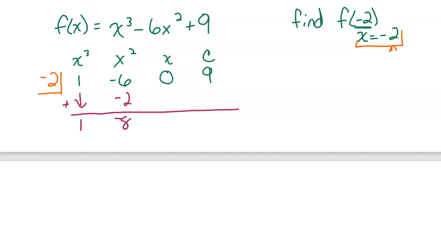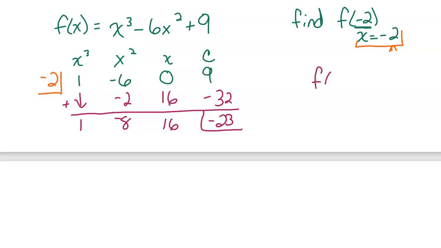Negative 2 times a negative 8 will give me a positive 16. 0 plus a 16 will give me a 16. 16 times a negative 2 will give me a negative 32. 9 plus a negative 32 will give me a negative 23. So I get a negative 23.